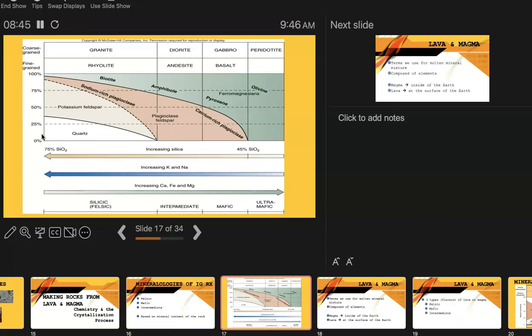Mafic igneous rocks are made up of some combination of olivine, augite, and a plagioclase that you don't actually know. It's kind of like the labradorite. Remember the one that flashed blue at you? It doesn't flash blue, but it's a real dark one like that was. All right, so mafic igneous rocks are made up of olivine, augite, and a dark feldspar. It's just a reference system.